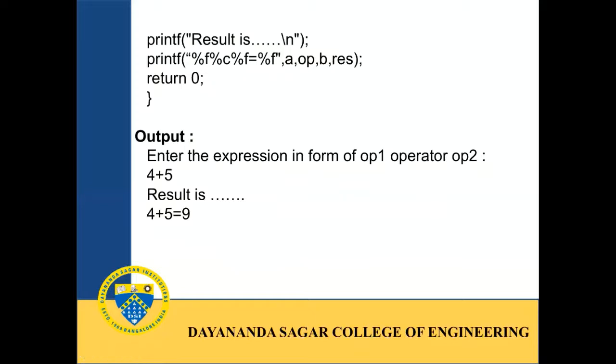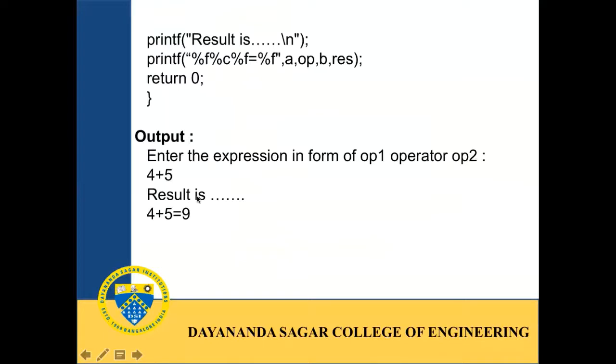Once any one of the expressions is executed, we have to print the result. So we have a printf statement which will display a message to the user, that is result is, and then we have the format that we are following to display that result. Whatever you write here gets displayed on the output screen.